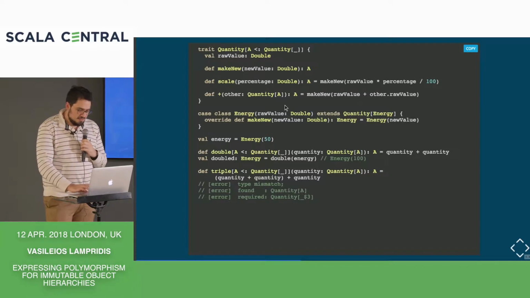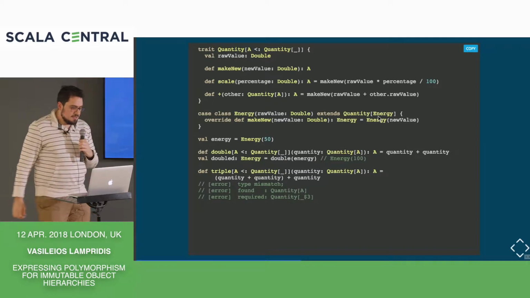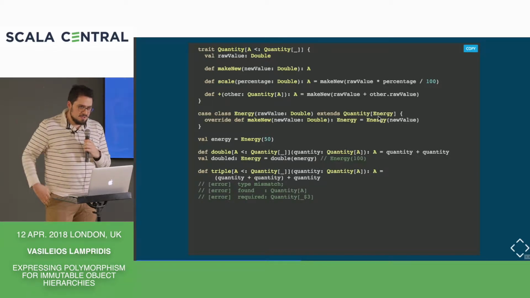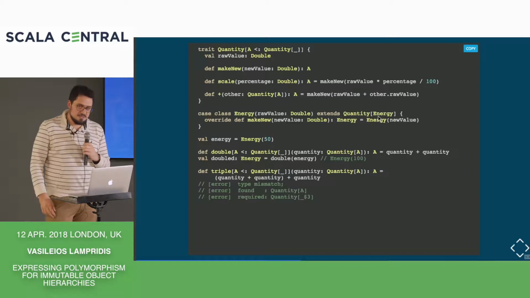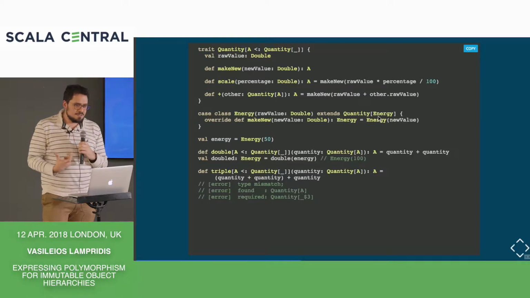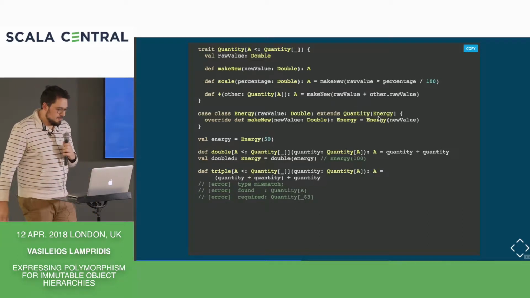And you can see that, for example, when we have a concrete quantity, we extend it to be a quantity of that energy. So we use the type on the definition of the class.